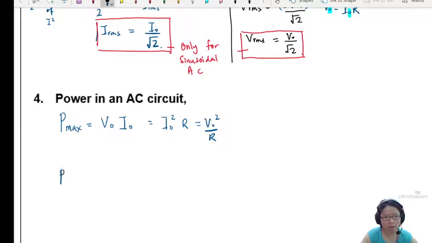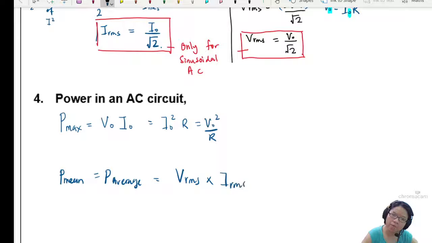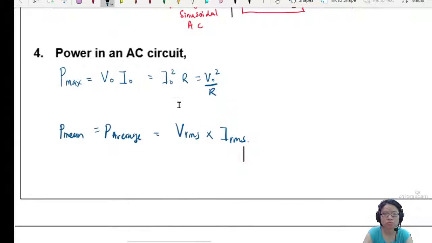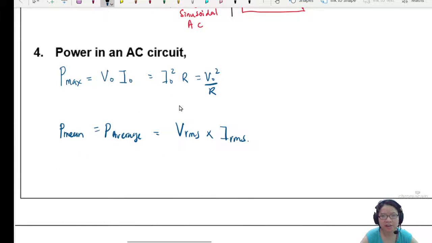But what about mean or average power? You will have to take V RMS times I RMS. I'm not going to write the other iteration, you know what to do. If I take V RMS times I RMS, I will get V naught over root 2 times I naught over root 2.